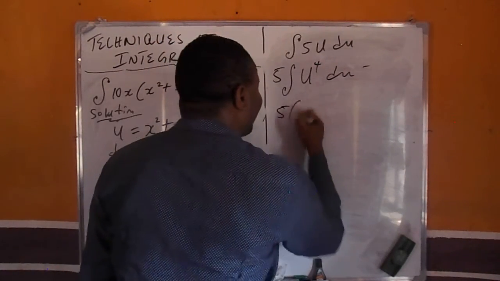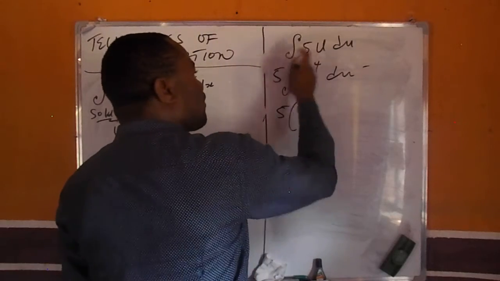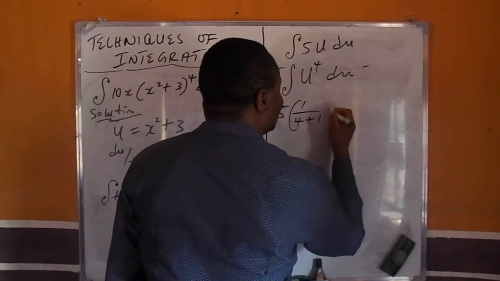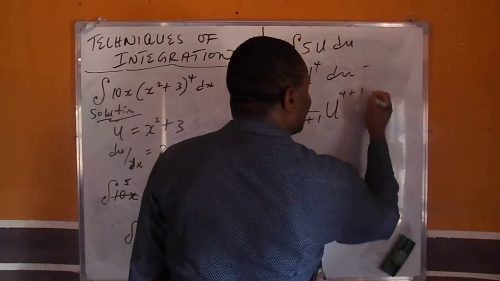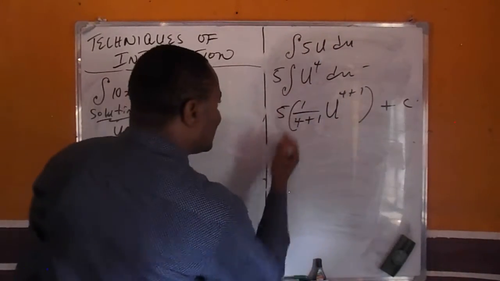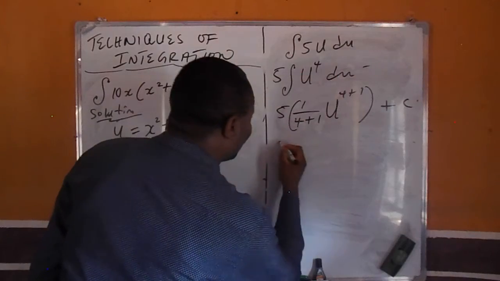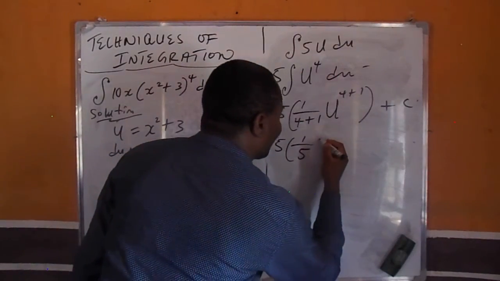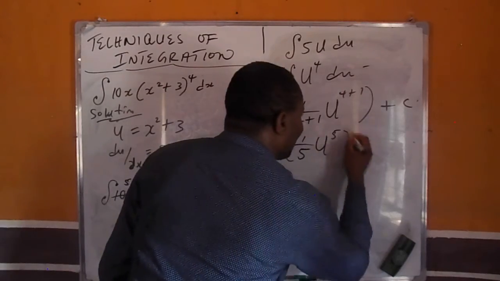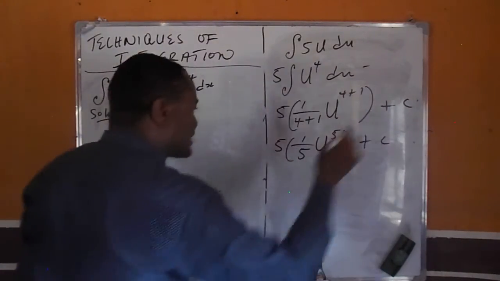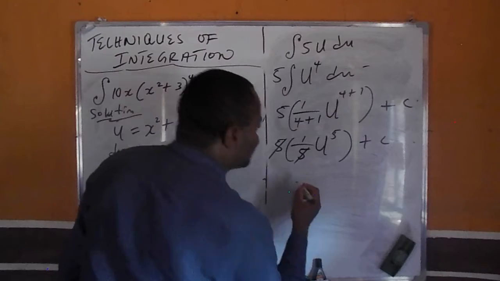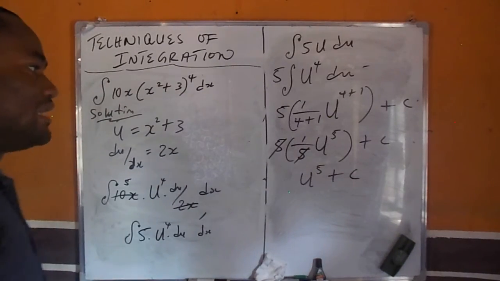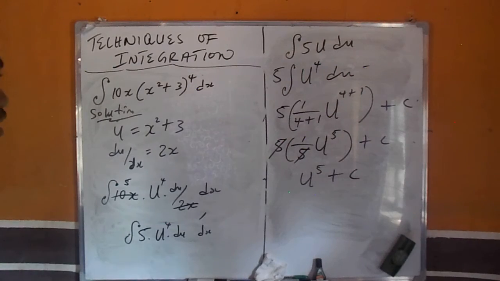So we have 5 in bracket 1 all over 4 plus 1, u to the power 4 plus 1, bracket close, plus the constant c. 5 cancels 5, we have u raised to power 5 plus c. That is it.